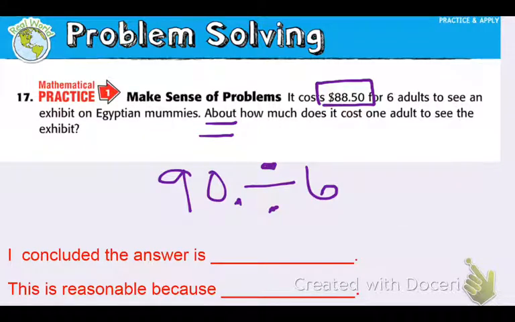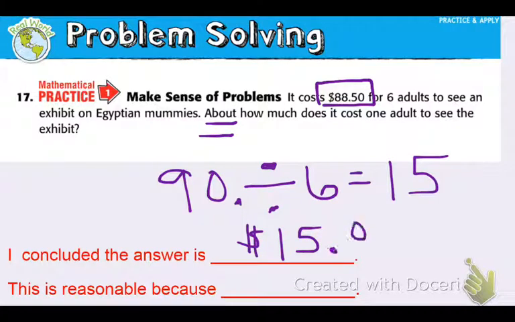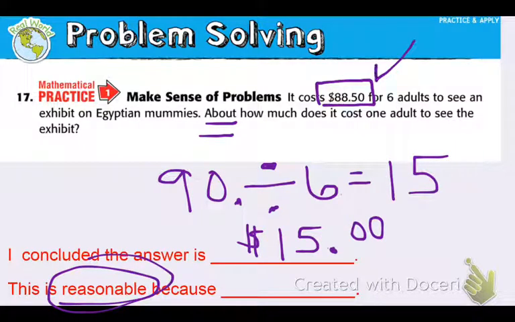Okay, and how many times will 6 divide into 90? 15. I concluded the answer is $15 is about the cost for 1 person to see the exhibit. Is it reasonable? Well, 15 times 6 is 90, which is pretty close to the amount they have to pay.